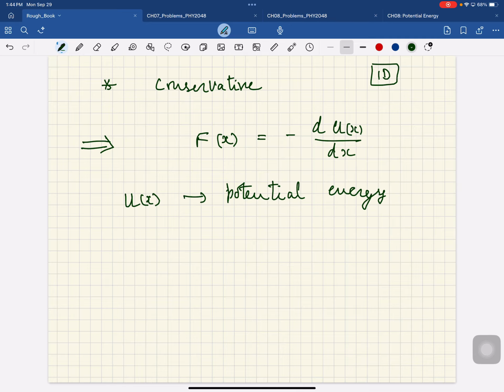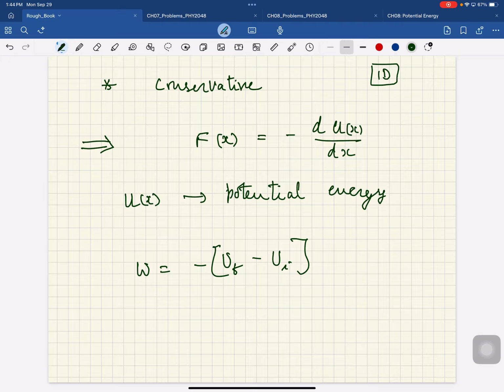Okay, and so the work done is minus U final minus U initial. That potential energy function evaluated at the final configuration minus the potential energy at the initial configuration.